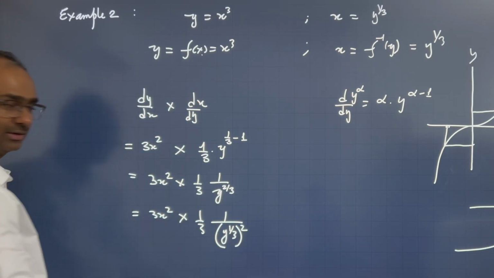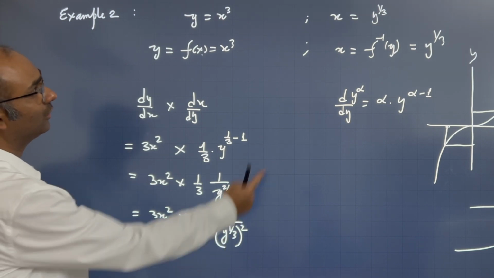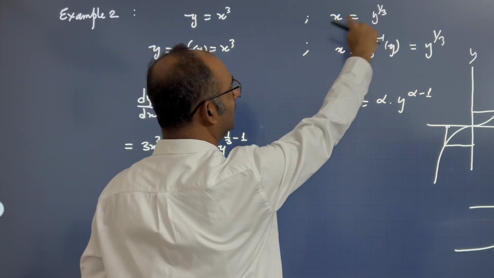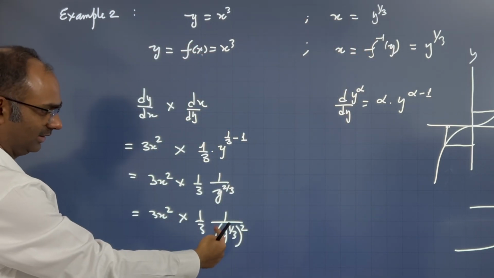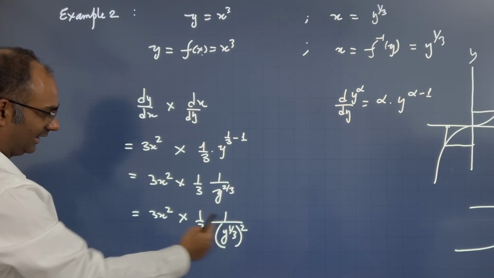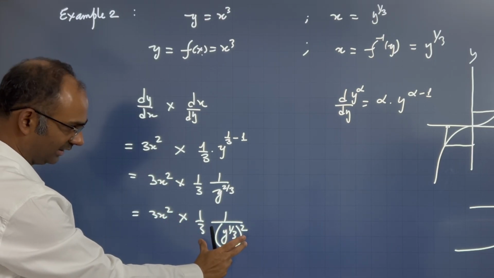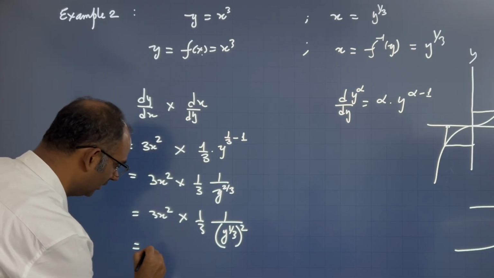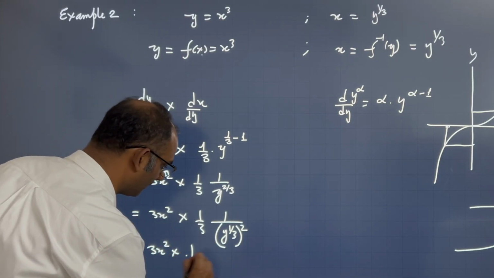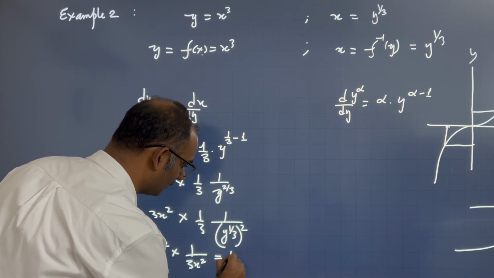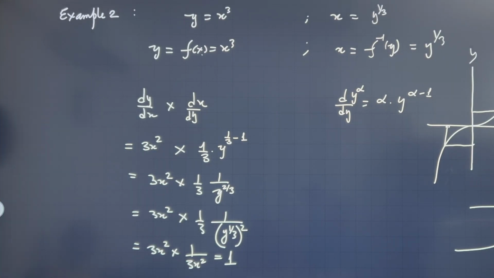Because that is what it is. Now what is y to the 1 over 3? Y to the 1/3 is x. So that's x square. That x square here, 3 here. So 3x square, and also in the denominator 3x square. So that cancels. Proof. Okay? So verified. So this works.